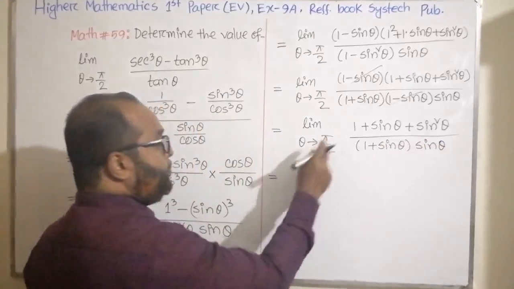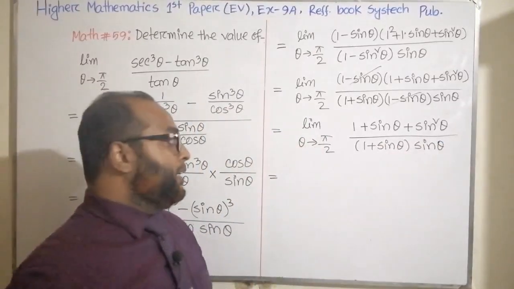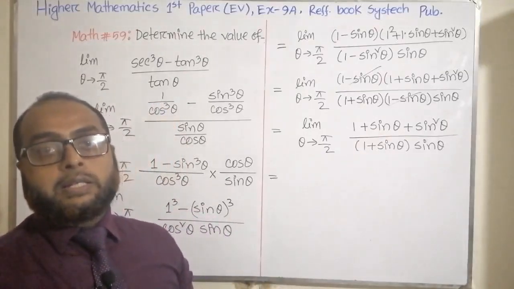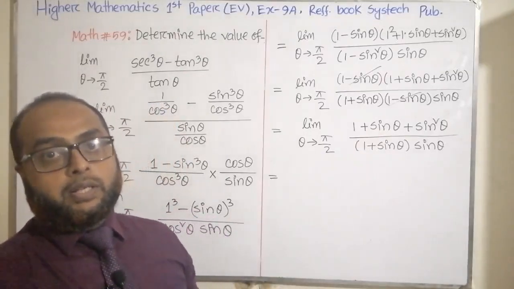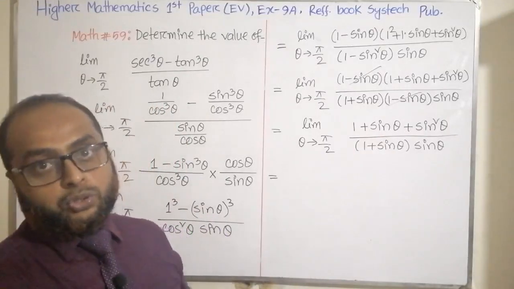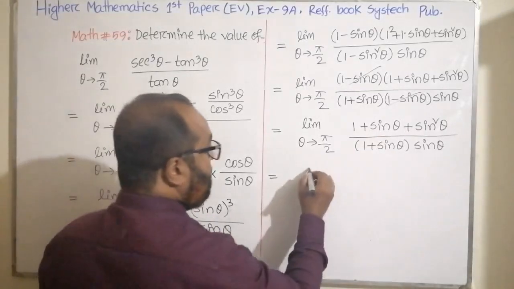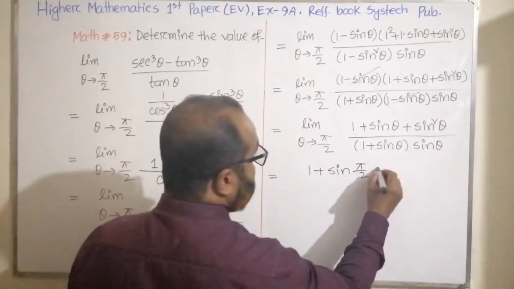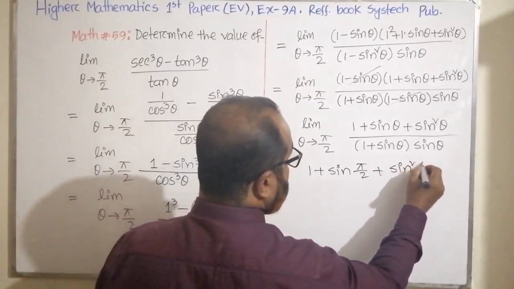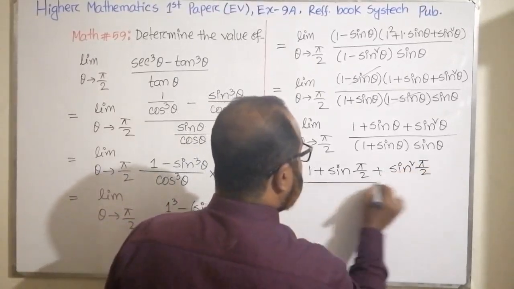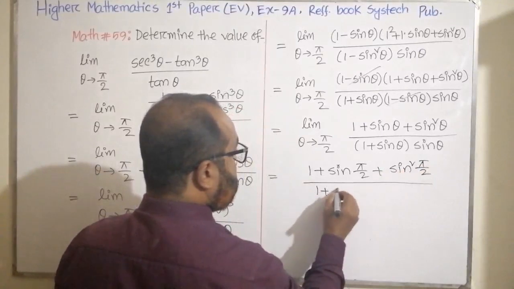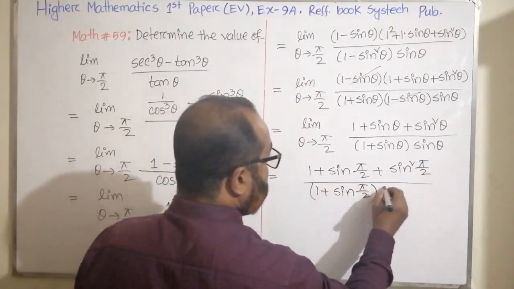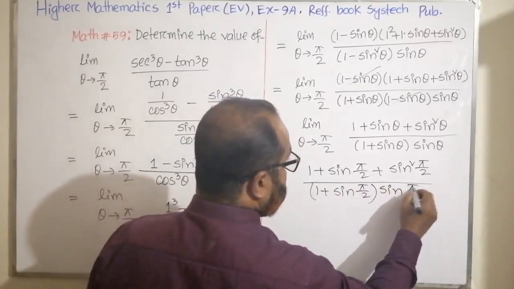Now if we put the limiting value of theta in this expression, we will get a real value, and that will be the limiting value of this function. 1 plus sin pi by 2 plus sin square pi by 2 divided by 1 plus sin pi by 2 into sin pi by 2.